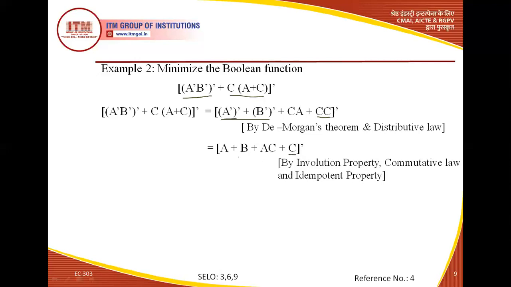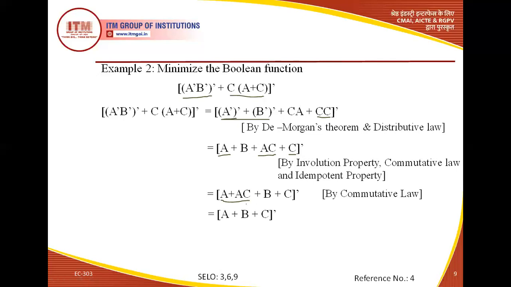So now the function is A + B + AC + C. Now it can be written as A + AC. So by using the commutative property, we can change the position of the variables. So now we change the position of the variables. So it can be written as (A + AC) + B + C, whole dash.